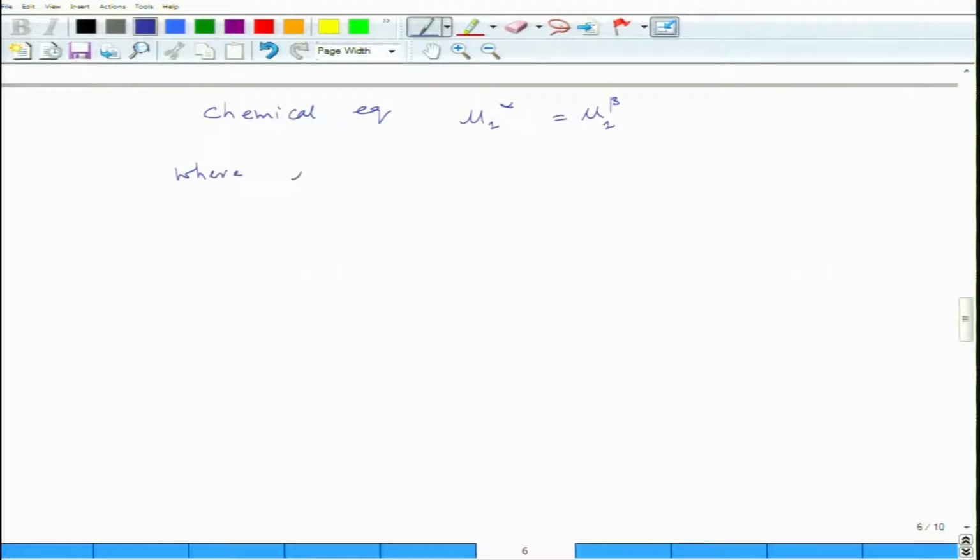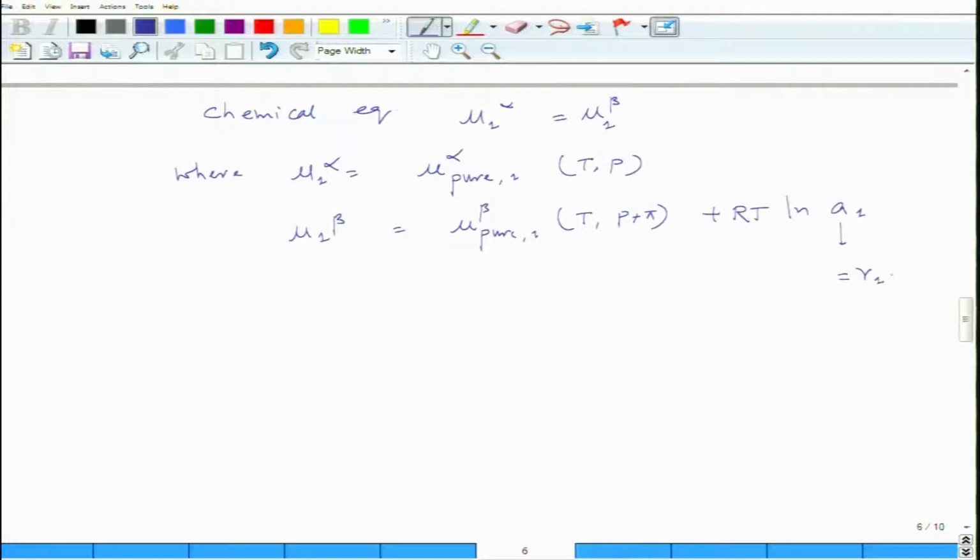So, I can write here mu 1 alpha is mu alpha pure 1 at temperature T and pressure P, whereas mu 1 beta is mu beta pure 1 at T and P plus pi, but considering that now this is in a solution, you are going to write RT ln a1. a is the activity, which is given as gamma 1, the activity coefficient, multiplied by composition.